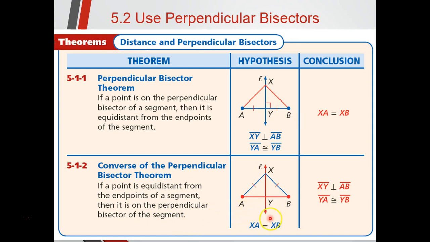So we know that XA is equal to XB, so that these two right here are equal to each other or congruent to each other, however you want to look at it. Then we should know that this right here is the perpendicular bisector of AB. So we can conclude that XY is perpendicular to AB, and then that AY and YB are congruent. Okay, so let's look at some exercises that are going to use these things.